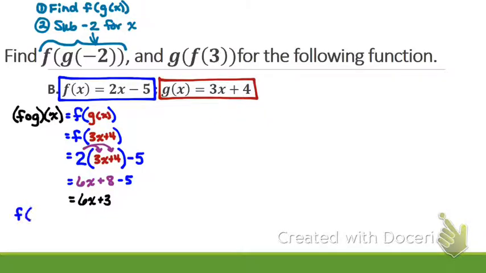So f of g of negative 2 is going to be equal to 6 times negative 2 plus 3. What's 6 times negative 2? Negative 12 plus 3? Negative 9. That would be my final answer here.